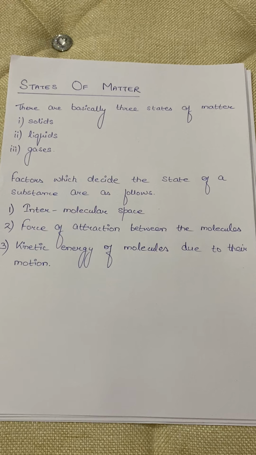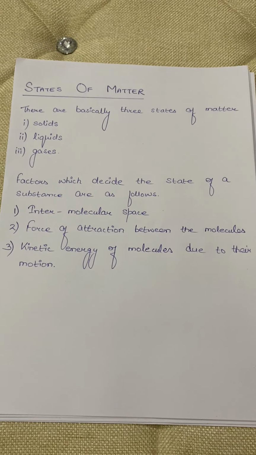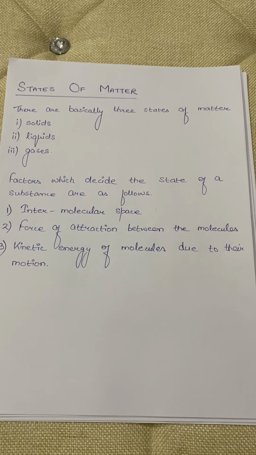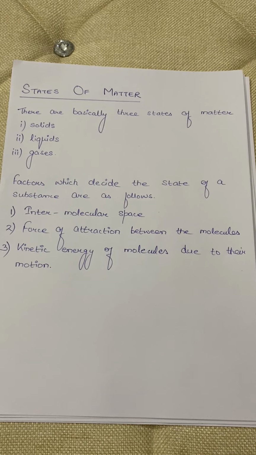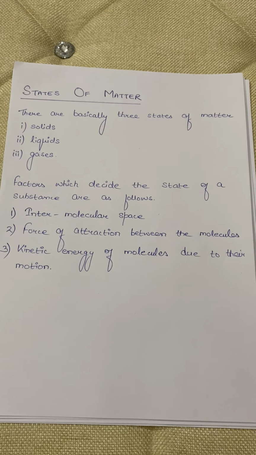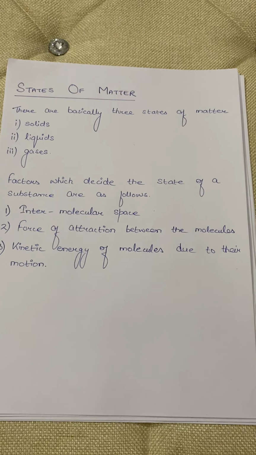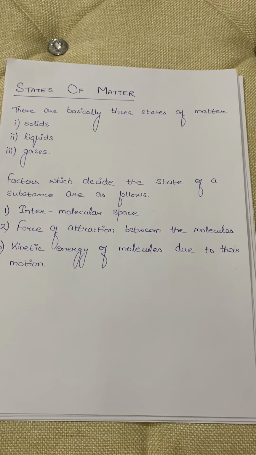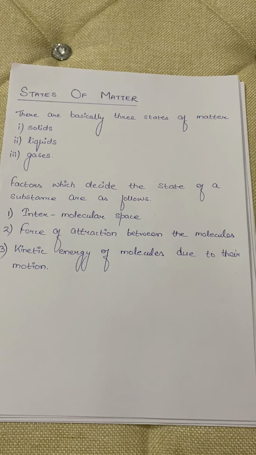Force of attraction between the molecules is a very, very important deciding factor, because it is actually the force of attraction which in turn decides the intermolecular space between the molecules of that matter. See, the higher the force of attraction, the closer the molecules, and the closer the molecules, the lesser the intermolecular space.